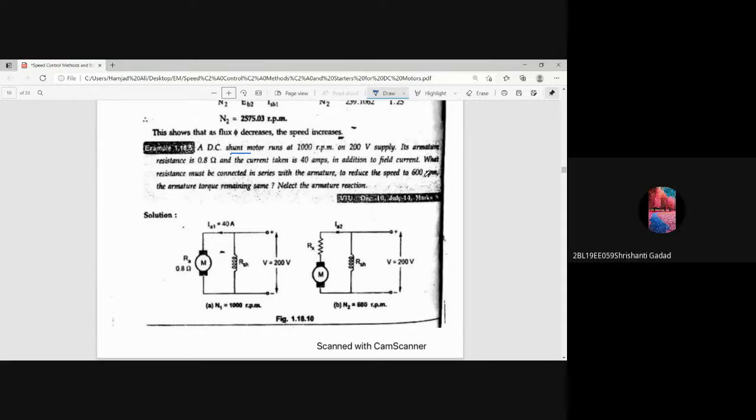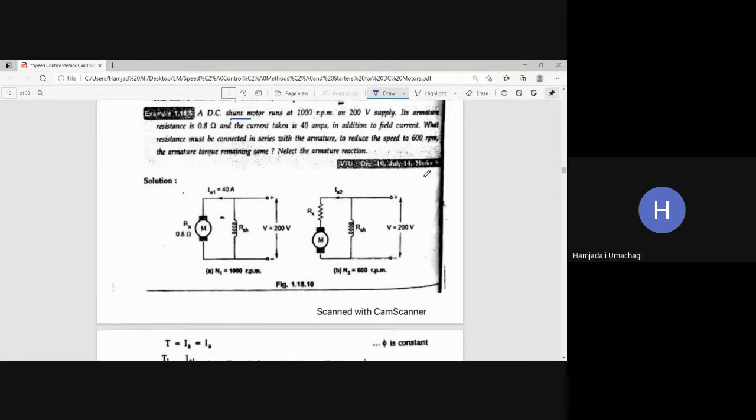Armature voltage control method. Very good. If we are using the armature voltage control method, we should add resistance in series with the armature or with the field winding? Armature winding. Right. So how much should be the resistance Rx we should add in series with the armature to bring the speed from 1000 to 600 RPM? That we should calculate here.